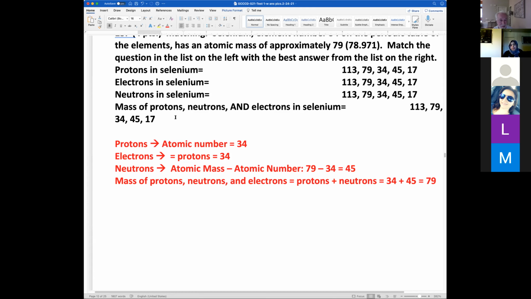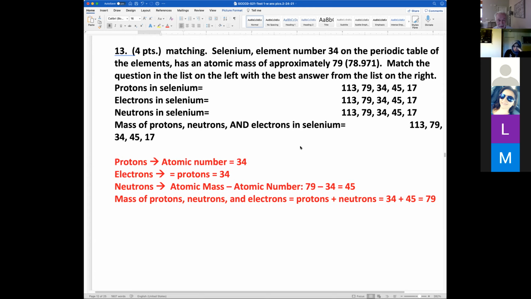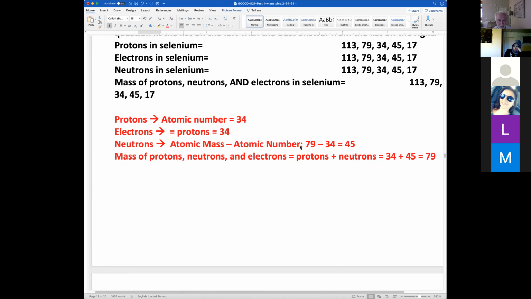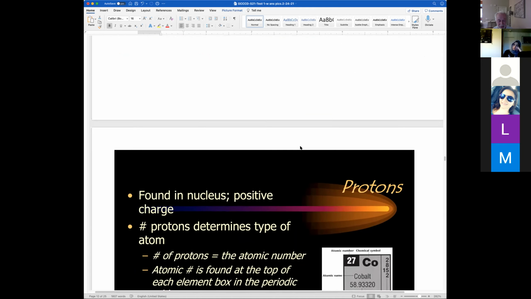And so what's the mass of protons, neutrons, and electrons? It's the number of protons plus the number of neutrons, which is 34 plus 45, which is 79. So each of these numbers came from a list that you were given. Are there any questions about why this question was asked or the answers?